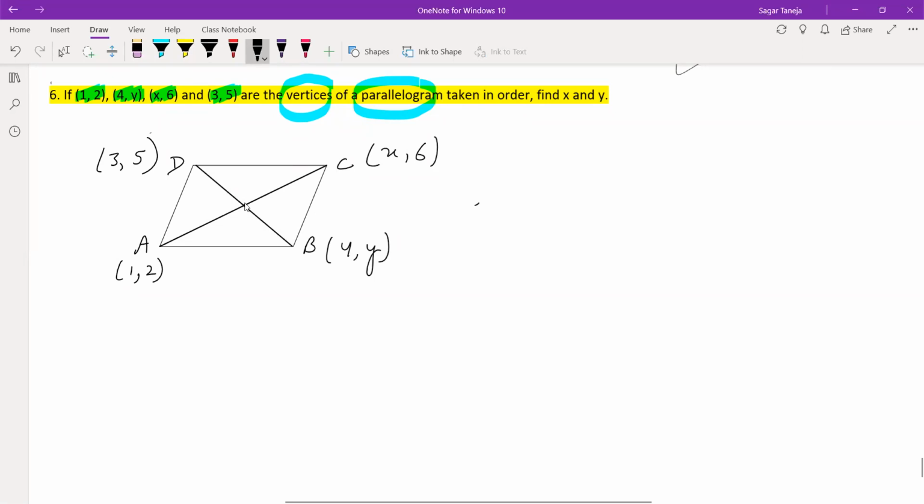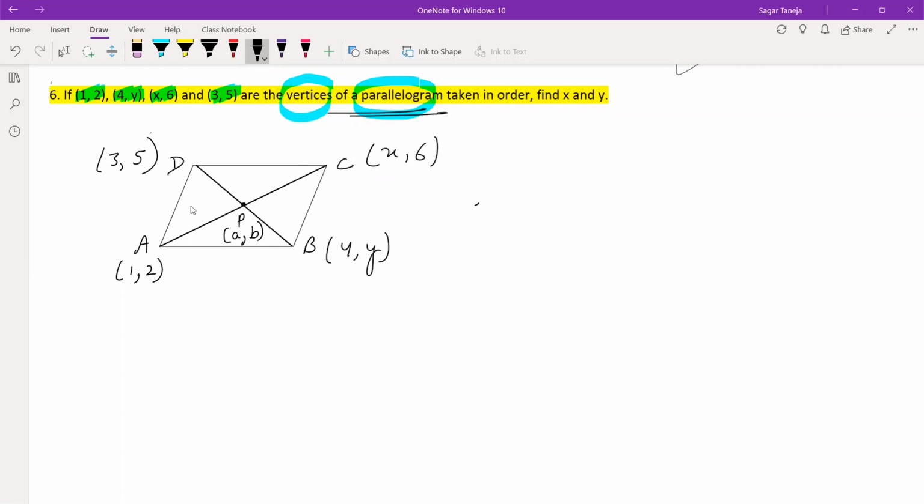Let this point of intersection be point P, and let the coordinates of this point be (a, b). As we don't know the coordinates, I am just writing a comma b. The question is quite important, and I have seen this type of question many times in boards, parallelogram, circle related.